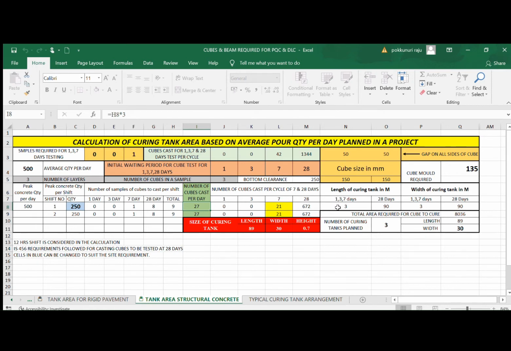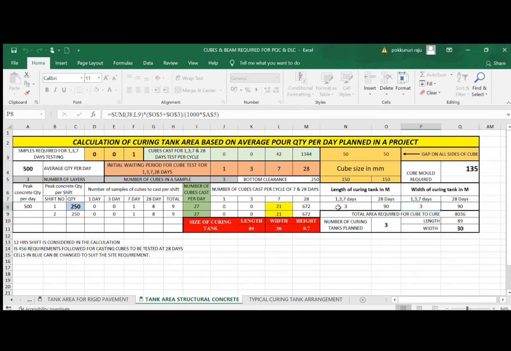So this is how you can find out the length of the curing tank required in terms of meters for cubes to be tested on 1, 3, and 7 days. Then length required for cubes to be cured for 28 days will be calculated in terms of number, that is total number of cubes divided by the dimension of the cube, and multiplied by the dimension of the cube, that is the length dimension, divided by 1000 to give you the required meters.